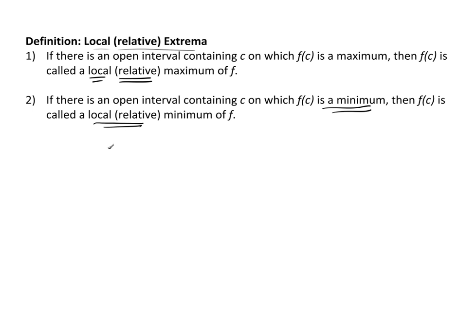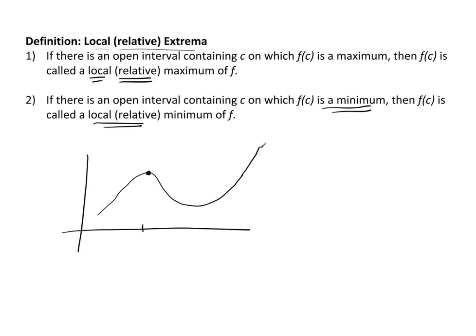So let's take a look at a quick picture here. Get an idea just what this is saying. Okay, here, this is a maximum. This max right here is not the absolute max.